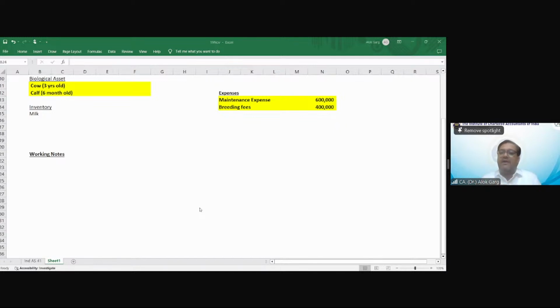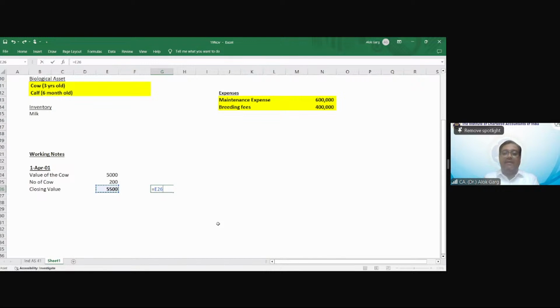What was the value of the cow? 10 lakh divided by 200, 5,000 is the value of the cow, correct? And the number of cows is 200. What is the closing value of the cow? 5,500. It was given in the question that on 31st March 2002 the value of the cow became 5,500.